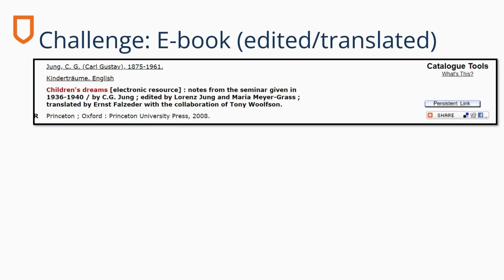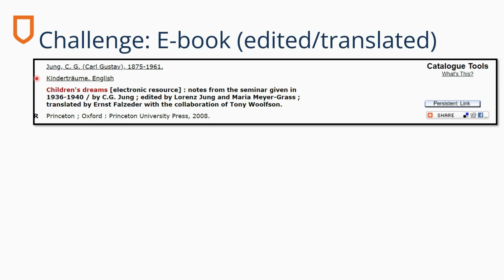You may use ebooks more often than you use books these days. This one also has editors and translators, so watch for that information, and there will be a certain way to include it as well. The ebook information is Young, C.G., Carl Gustav, 1875 to 1961.